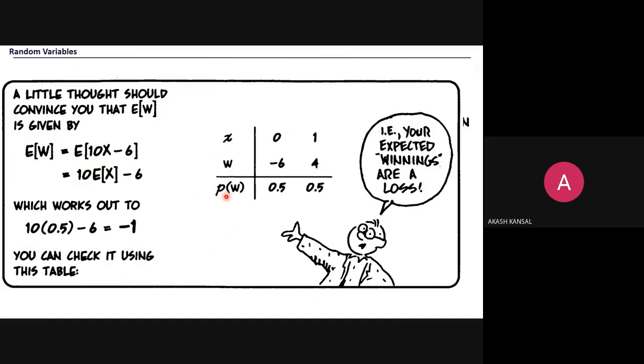The probability of W will be 0.5 in both cases, because the probability of W is equal to the probability of x. So you can also calculate the expectation of W from this: the summation of W times P(W), you add minus 6 into 0.5 plus 4 into 0.5, which again gives you minus 1.